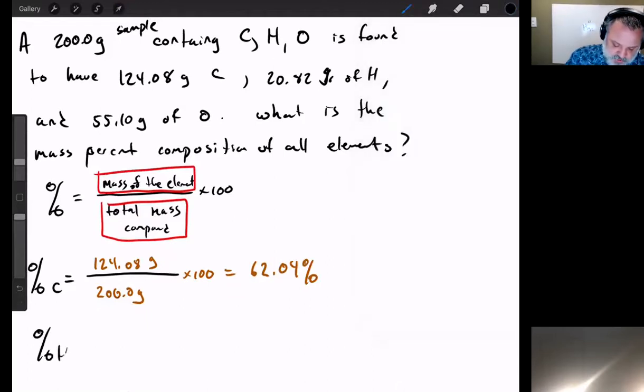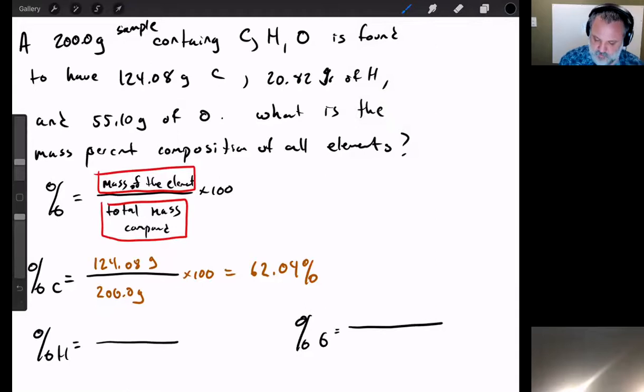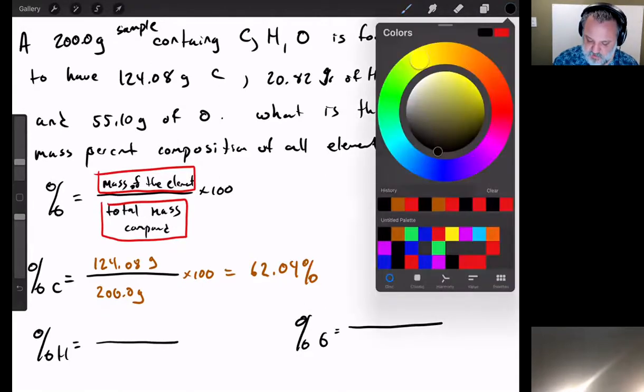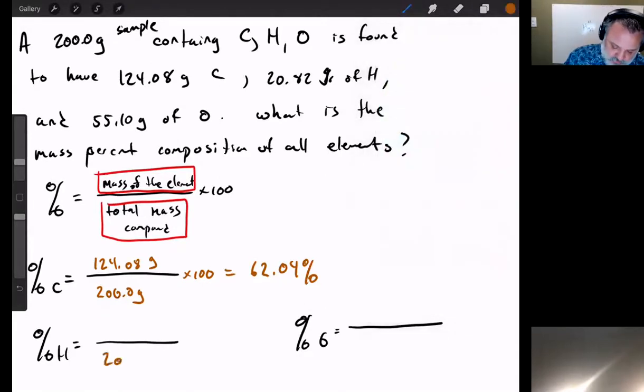What's the percent hydrogen? And what's the percent oxygen? So same thing, just use the same values. We know that the entire compound is 200 grams.